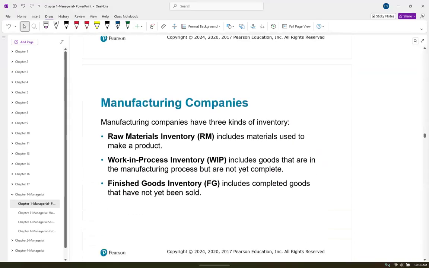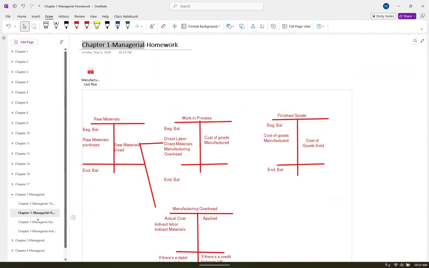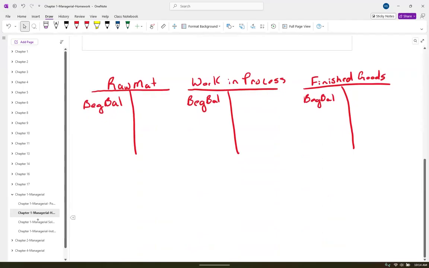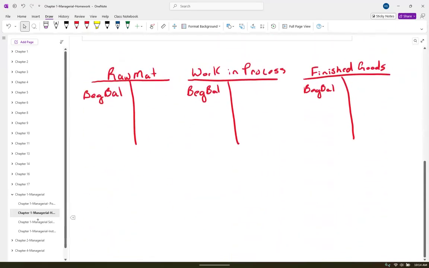Within a manufacturing company, they have three types of inventory accounts. I have this started over here. I made something up, but I don't want to show you all of that yet. I want you to watch me as we go through some of this.